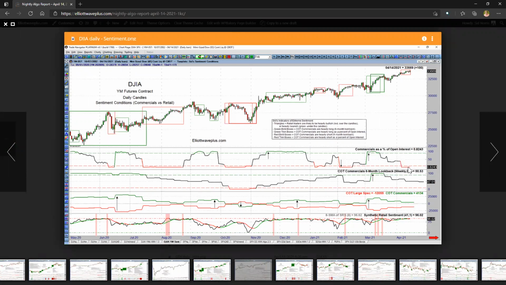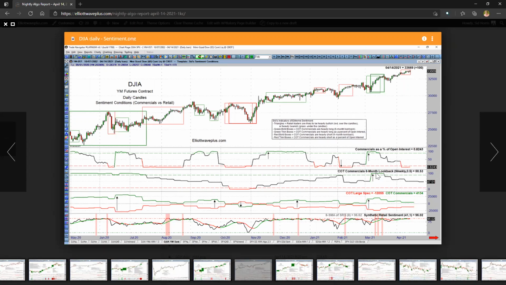That's a very quick acting sentiment indicator. And the commercials also have been, I would say, getting out of their long positions. I don't know, they really haven't gotten into a fully short position yet, but it looks like some profit taking has been going on lately. So whenever this indicator is green, that means that the commercials are as long as they have been at any point during the last 6 months.